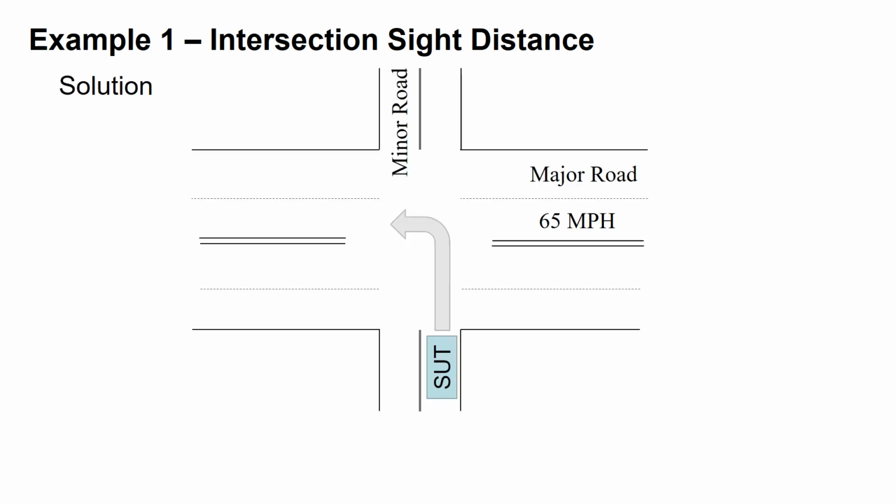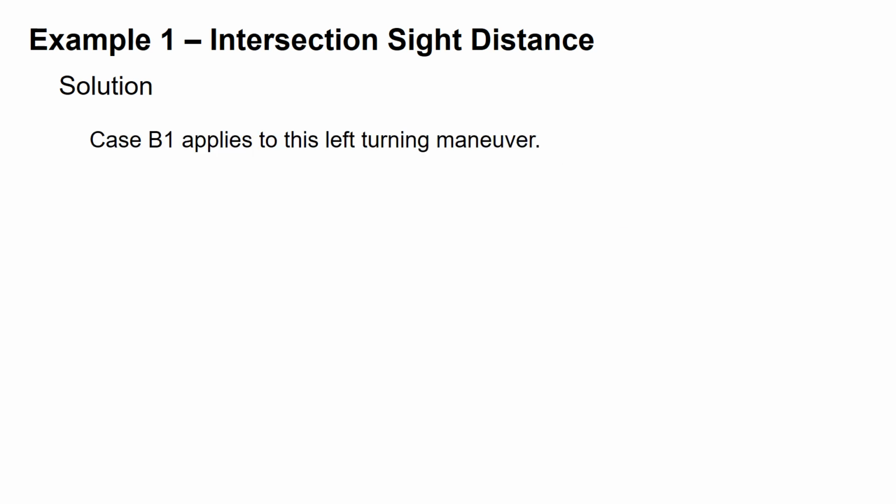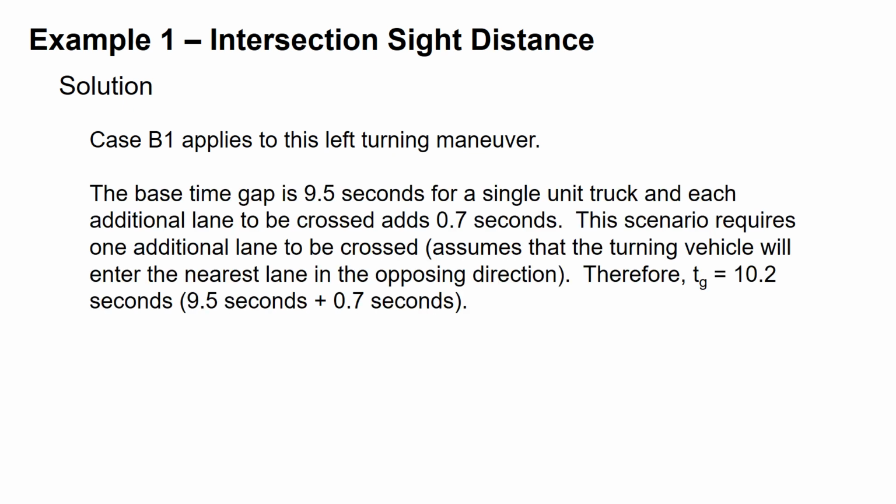So a simple drawing will usually help, making sure we understand how many lanes there are, what our speeds are, what our type of vehicle is, and the movement that this vehicle is attempting to make. So case B1 applies to this left turning maneuver. The base time gap is 9.5 seconds for a single unit truck, and each additional lane to be crossed adds 0.7 seconds.